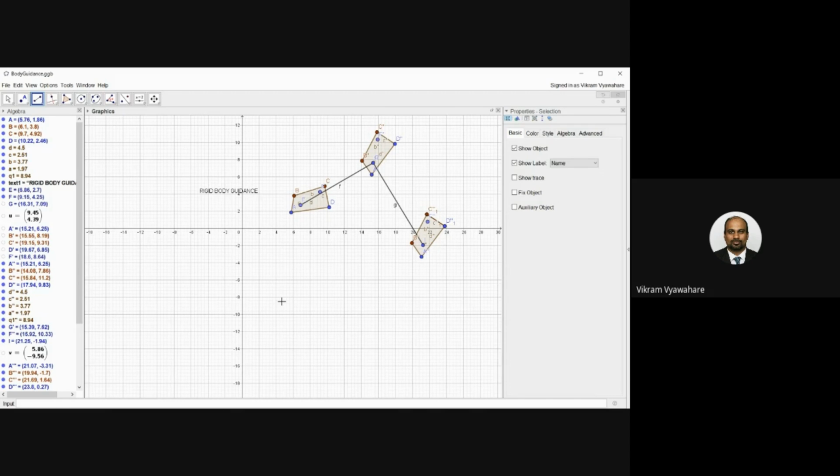So if I draw a circle passing through these 3 points, then that would be one of my pivot locations. So let me show you.